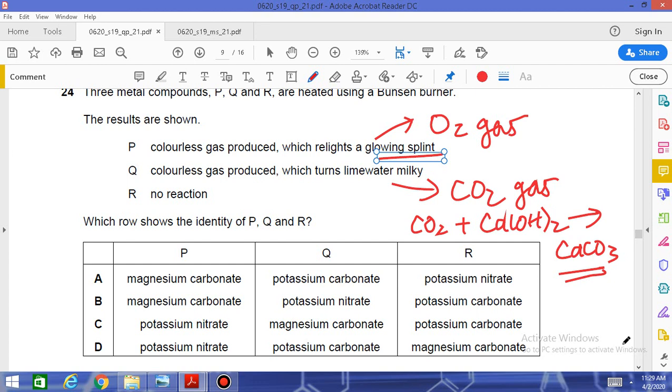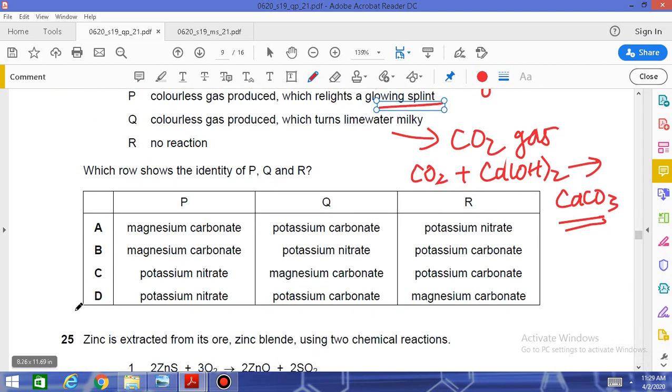Okay, let's see. Potassium nitrate. When potassium nitrate is heated, oxygen gas is produced, right?